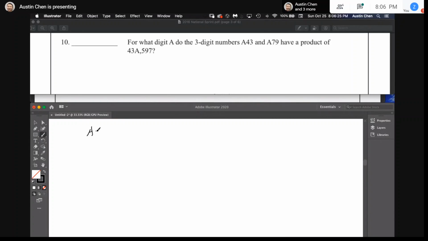So what happens if A is 1? Well, the lower range of the product is going to be 100 squared, because if we had A equal to 1, then this product is clearly more than 100 squared. So that's the lower bound, right? So this is just 10000. Okay, but that doesn't tell us anything, right?